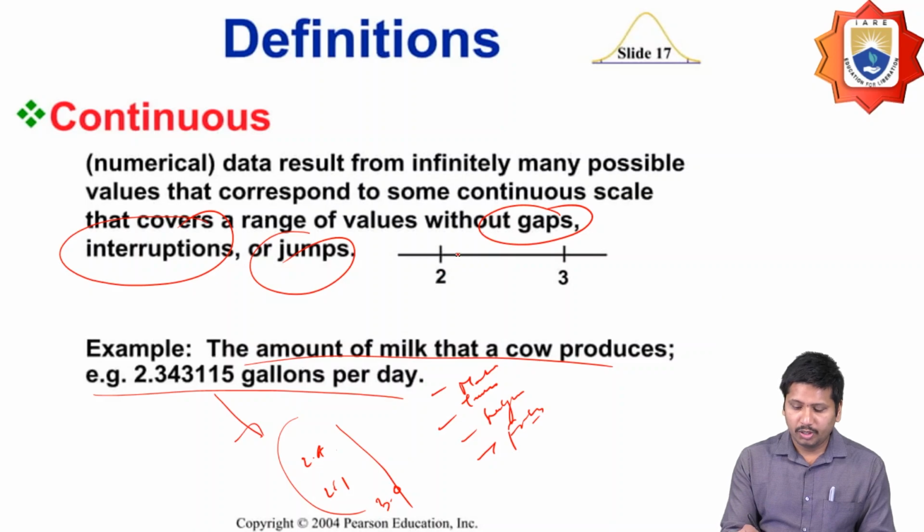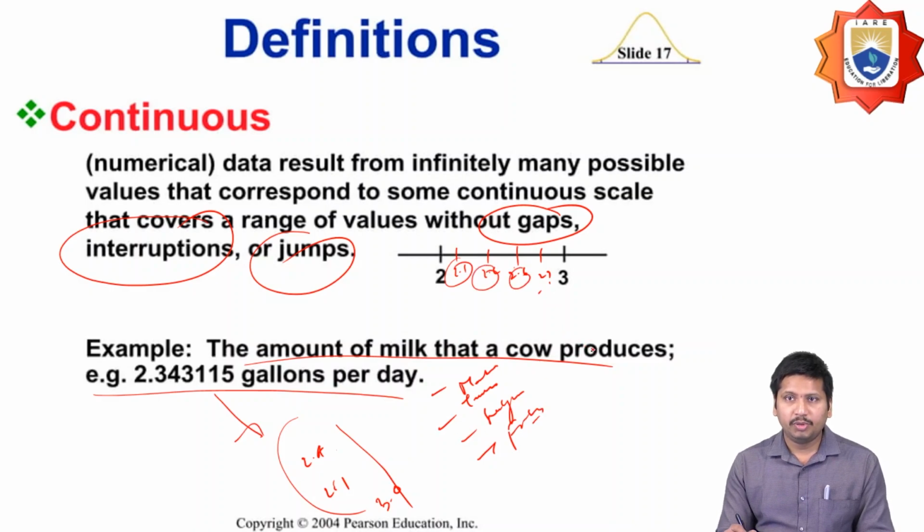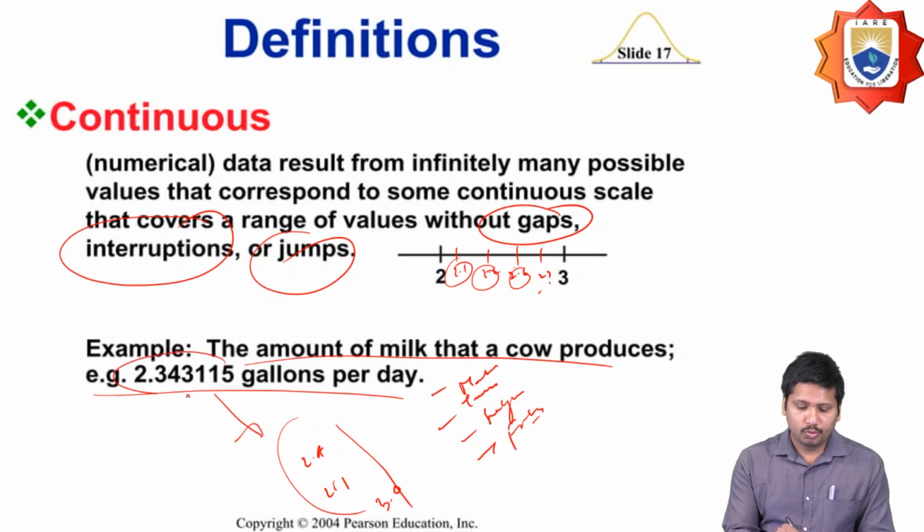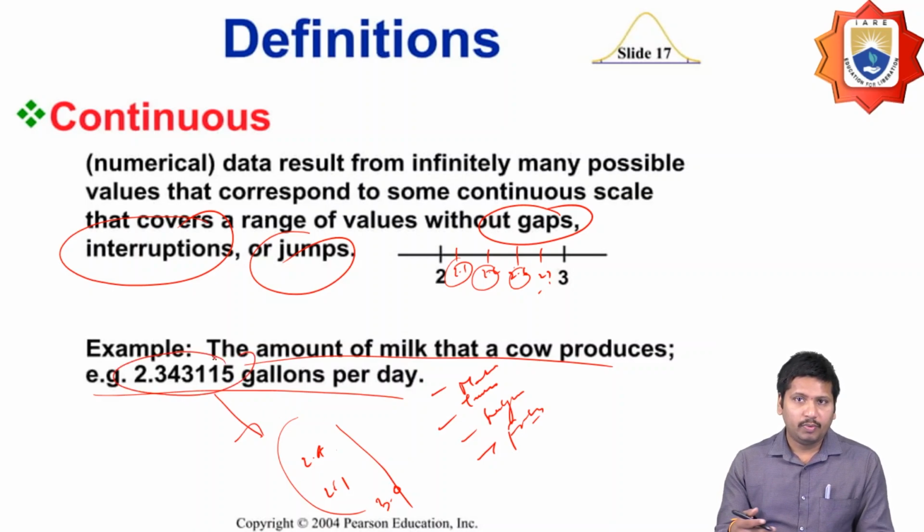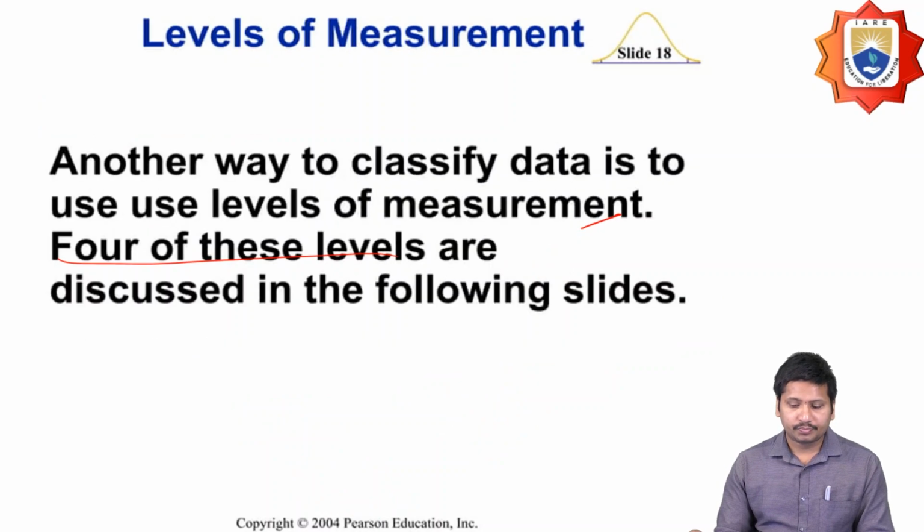So suppose between 2 and 3 I may have 2.1, 2.2, 2.6, 2.9 like this, where the data is going to change with respect to time. So the example I said is the amount of milk that a cow produces. One day it should be 2.3, and some other day the value may change, and some other day it should be 2.7 or 3 like this. So this and all will be treated as continuous data.